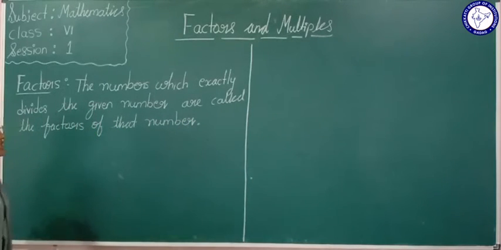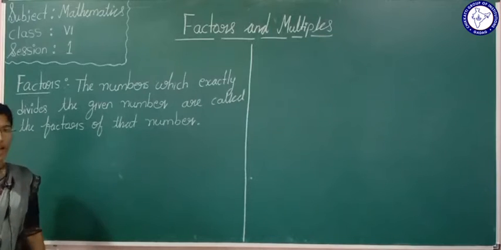Now see, students, what it will tell? The numbers which exactly divide the given number are called the factors of that number.